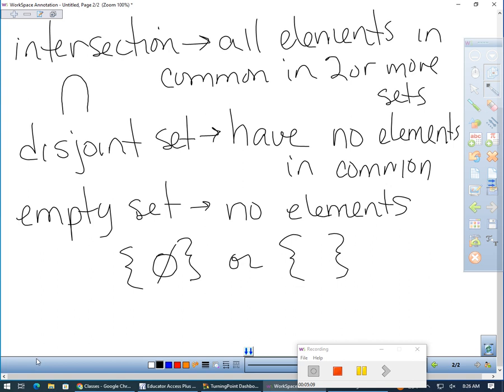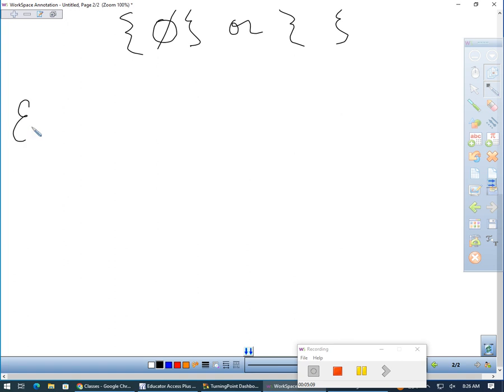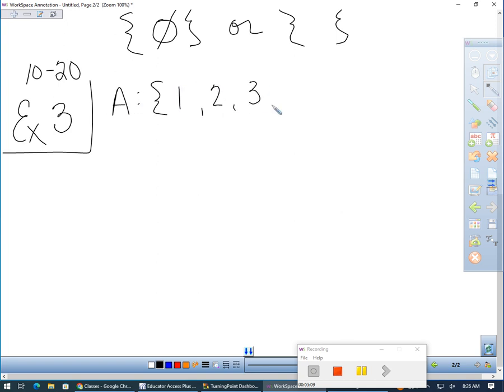All right, so here we go with example number 3. This is going to be your 10 through 20. Let's say we have a set A is 1, 2, 3, 4, and 5.